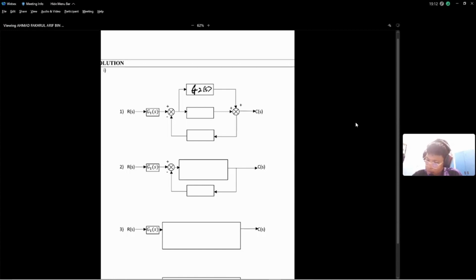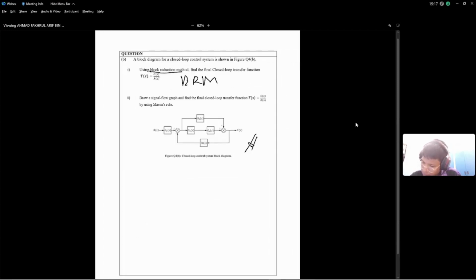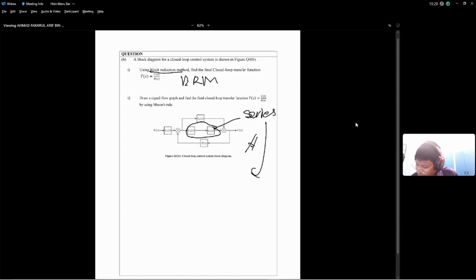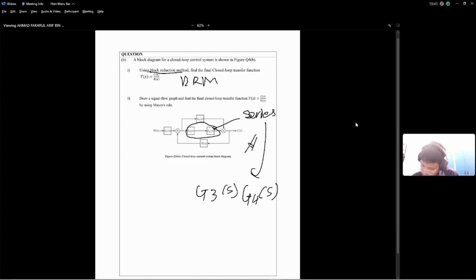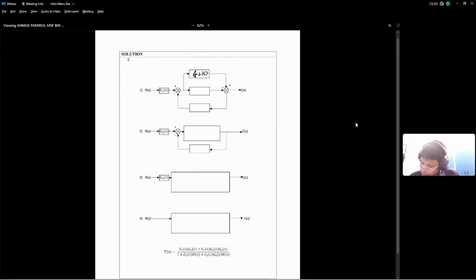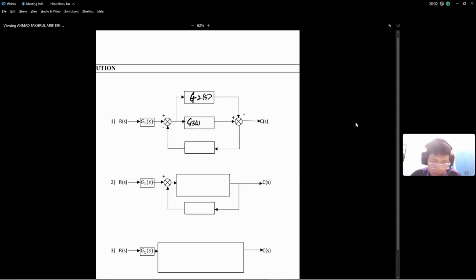So G2 and G4 are in series. If they are in series, we can just multiply. So multiplying the series, it becomes G3(s) times G4(s). So we put it in here. G2(s) on top, and then below it G3(s) and G4(s). And the last one is the feedback, H(s).